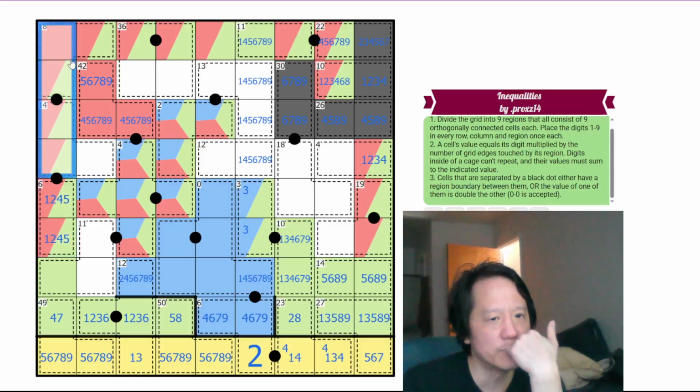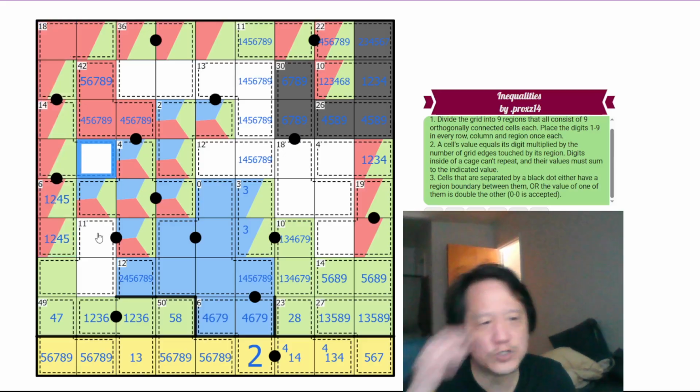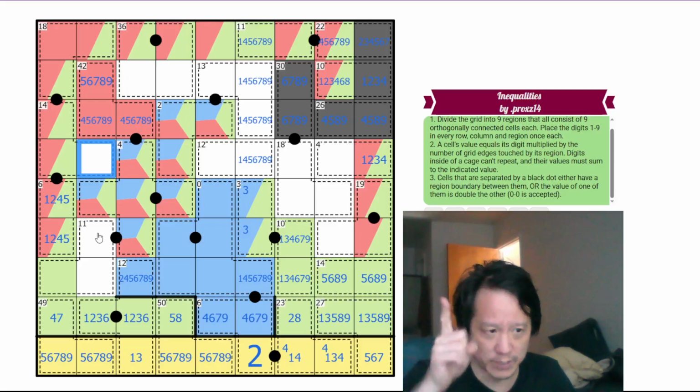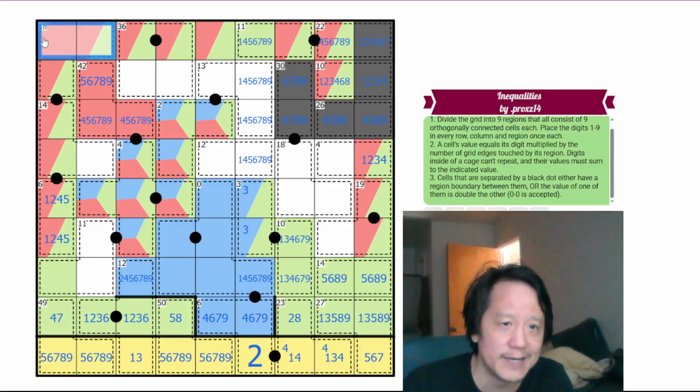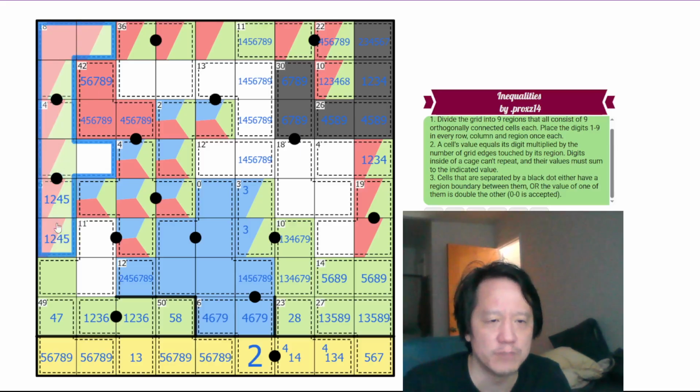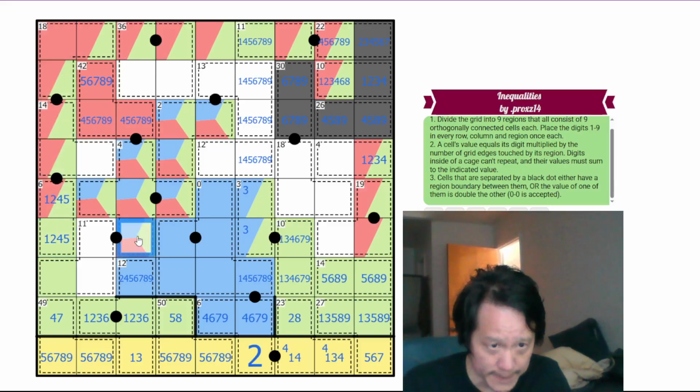This is doubled. That's 1 through 6 doubled, which would be 21. 1 through 6 at minimum doubled. So that's 21 times 2, which is 42 at minimum. But these add up to 38, which is too small for it to contain the sum. So this is obviously not doubled.